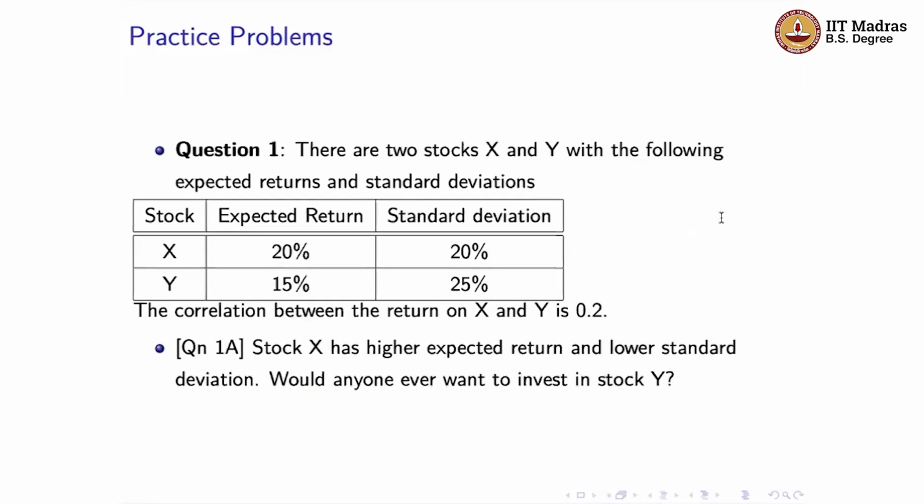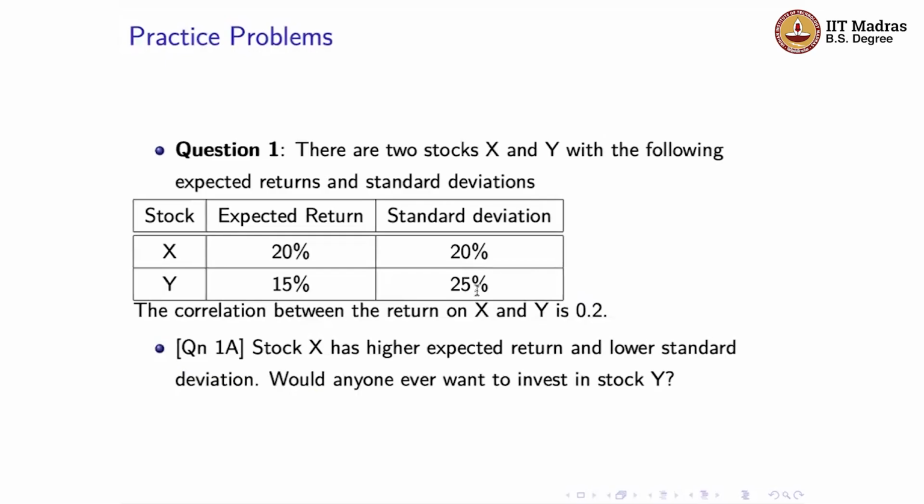We can compare with the standard deviation of X and Y, and we notice that this is actually even less than the standard deviation of stock X, right? Recall that our first question was that stock X already has a lower standard deviation compared to stock Y. What is the advantage of having stock Y around? But now we can see that we can come up with a portfolio with an even lower standard deviation compared to the two constituents.